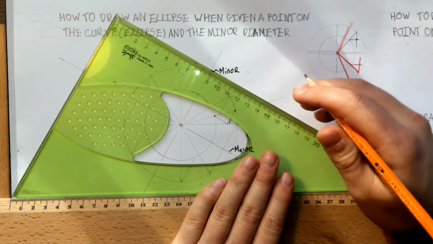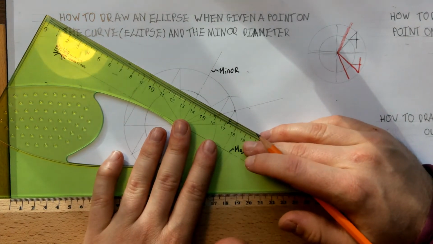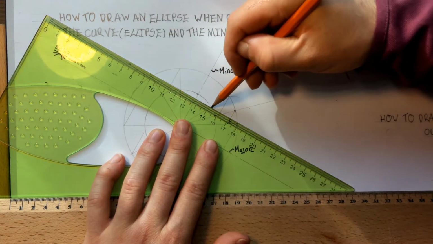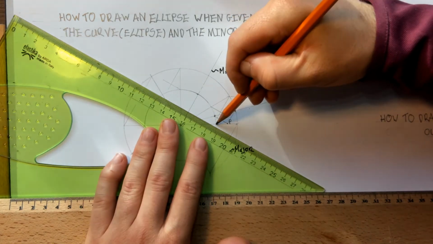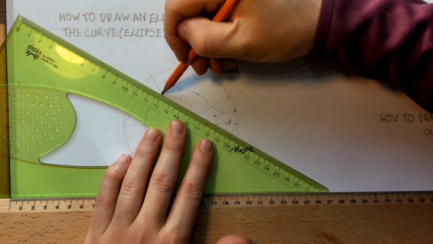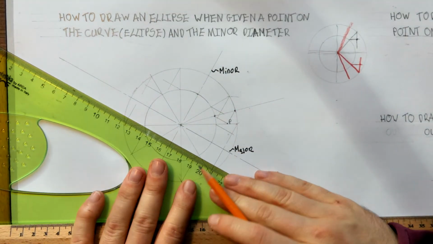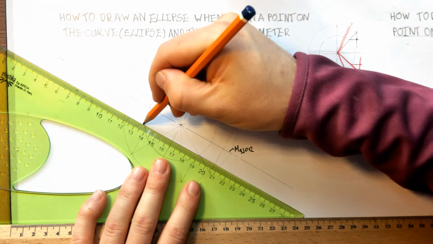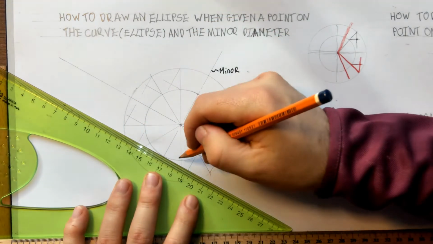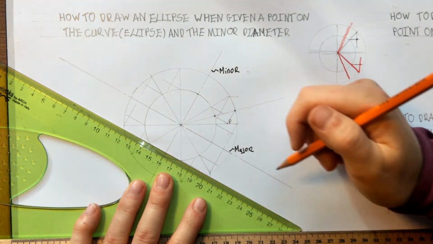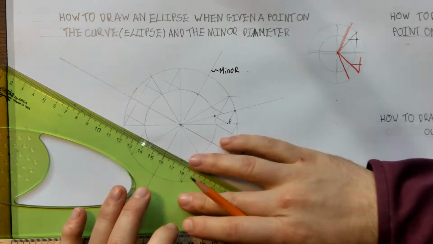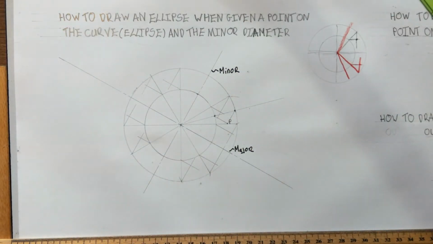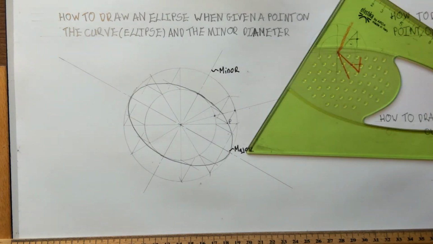And then where the division lines hit the minor circle, parallel to the major axis away from the minor axis. And I'll sketch those points in now. And then that's done. So we'll move on to a third scenario of working backwards with the ellipse.